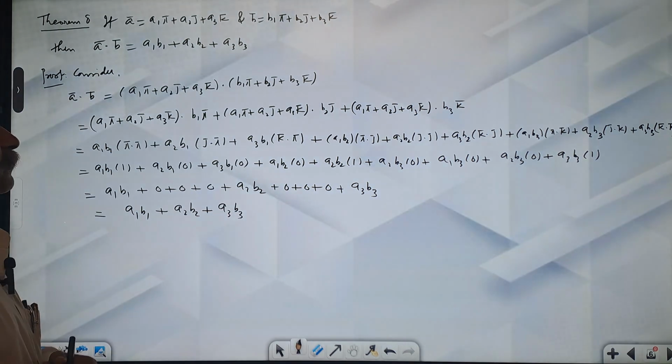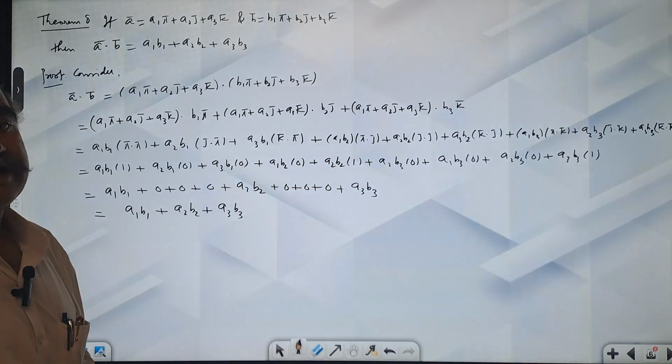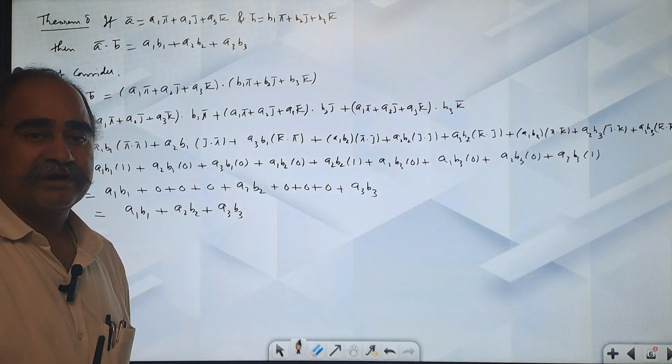So whenever we take dot product of two vectors, the i component gets multiplied, plus j component, plus k component.